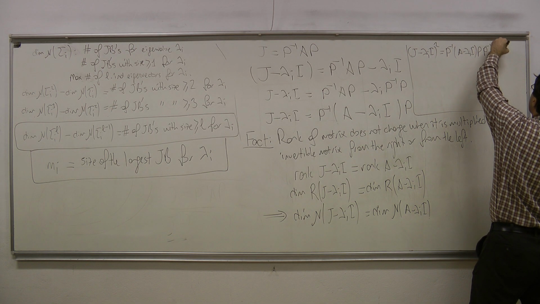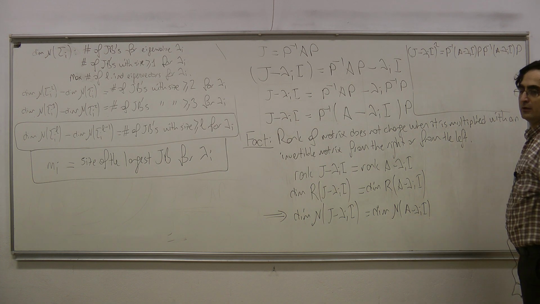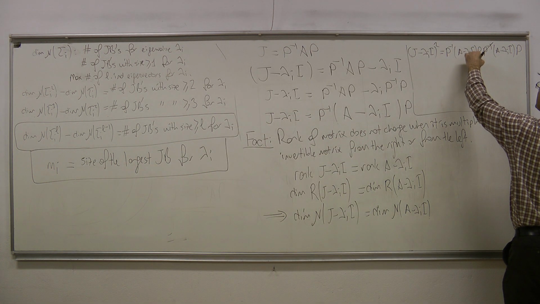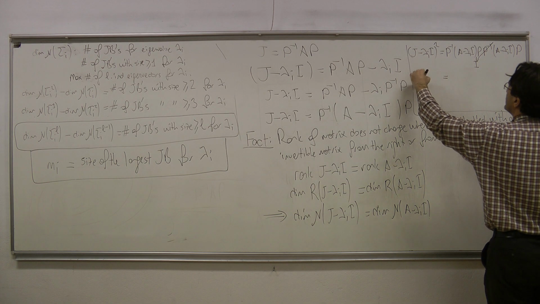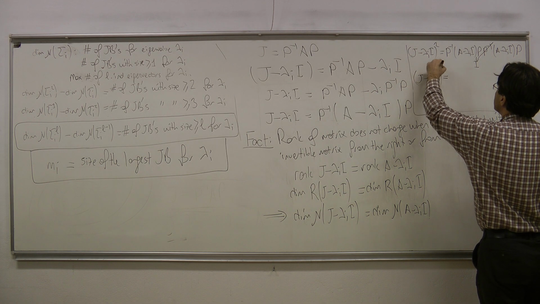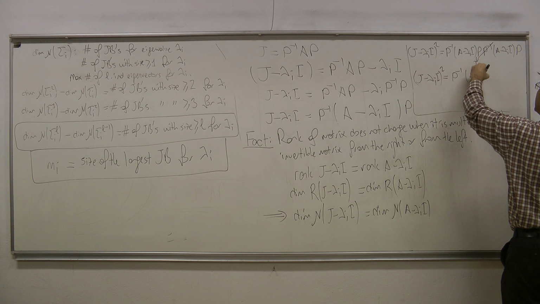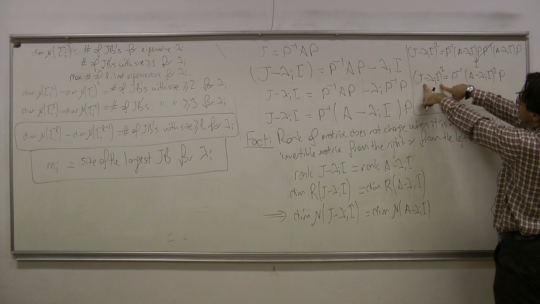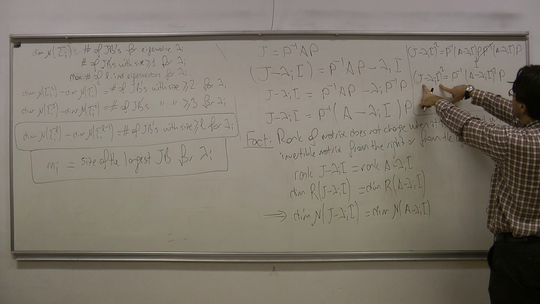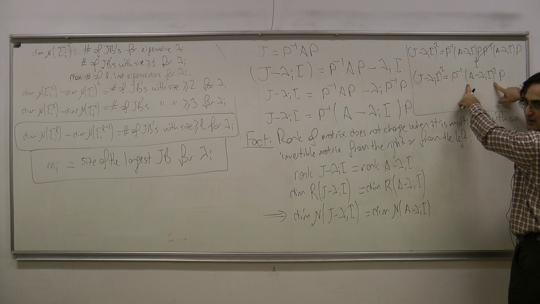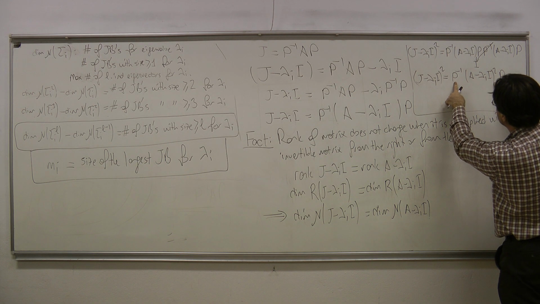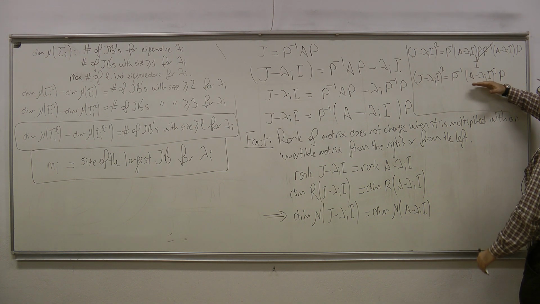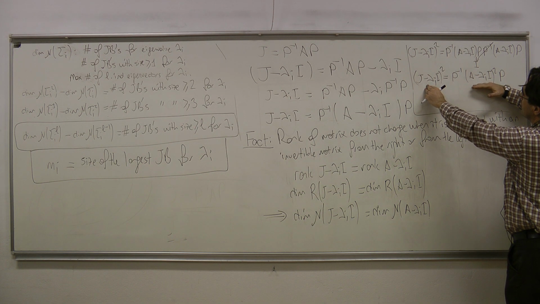You see that P times P inverse gives me the identity, so J minus lambda identity squared is P inverse times A minus lambda identity squared times P. So the square of the Jordan canonical form minus lambda identity is A minus lambda identity squared times an invertible matrix from the left and an invertible matrix from the right. As a result, the dimensions of the range spaces of these two matrices would be the same.